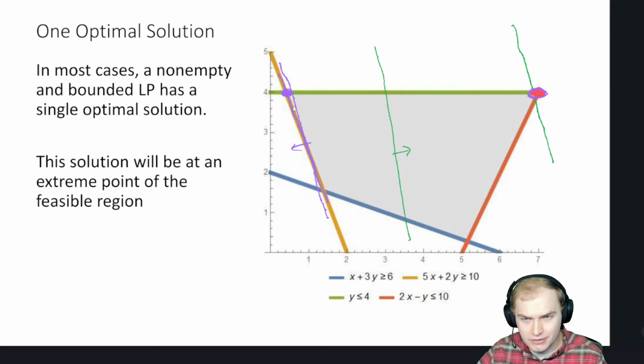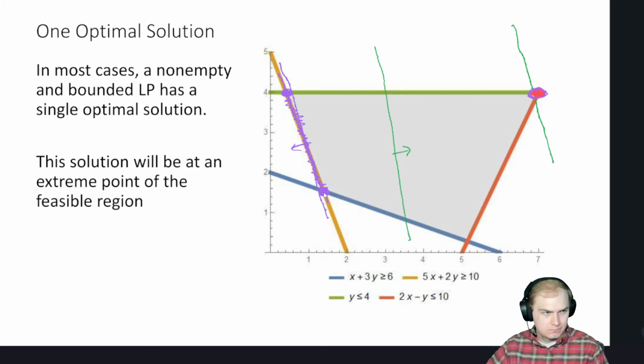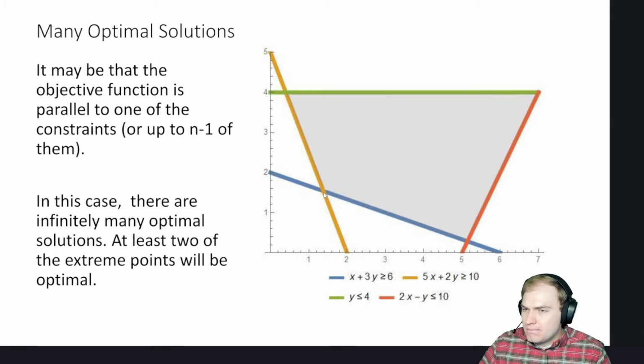And suddenly every point on that constraint shares the same objective function value. Right? So in that case, there would be infinitely many optimal solutions.